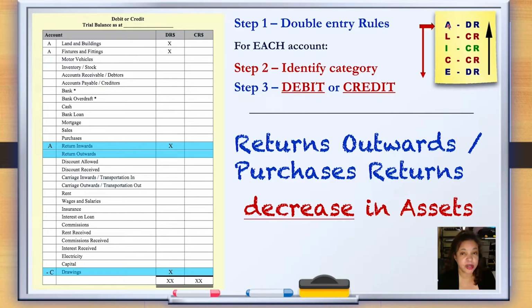Whenever an asset decreases, what happens? It goes in the credit column. So this is how you can remember this. Here's another real easy way. Just know return inwards is a debit. Return outwards is the opposite of return inwards, so it will be a credit. Once you learn return inwards, assets debit, just do the opposite for return outwards. All right, nice, easy, good.